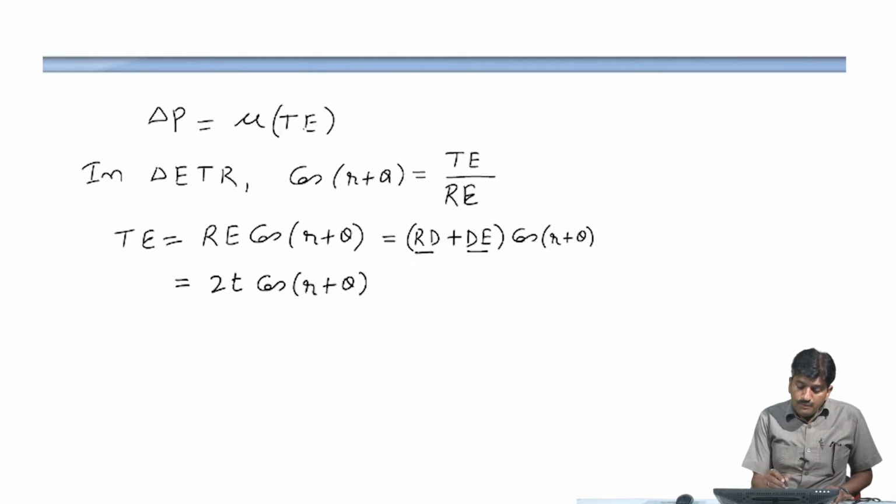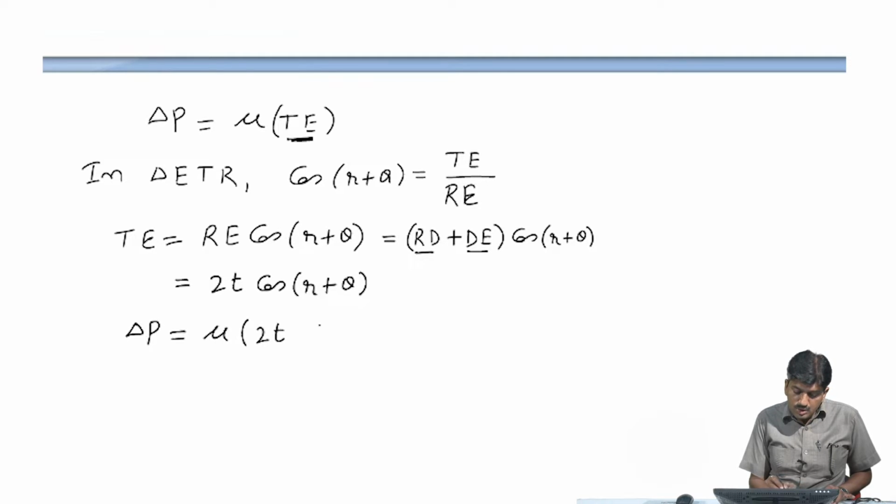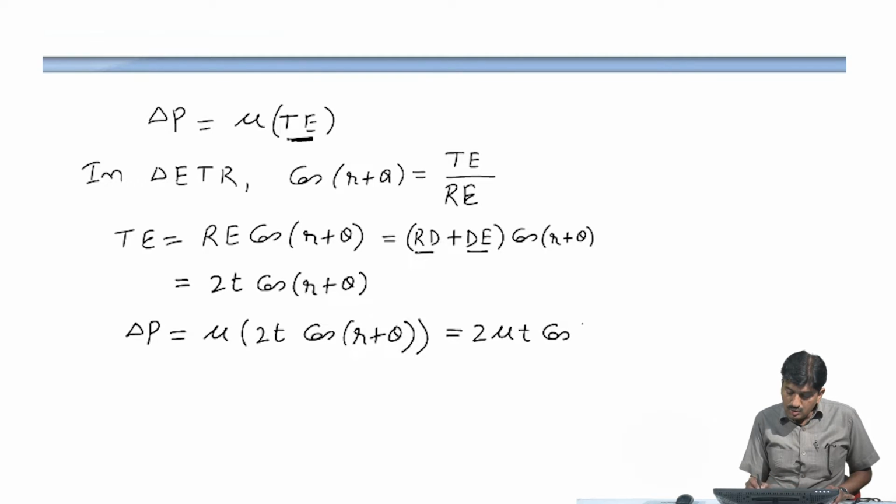If we put the value of TE in this equation, then the path difference delta P is equal to mu 2T cos R plus theta. The path difference is 2 mu T cos R plus theta. This is the path difference between the two reflected rays.